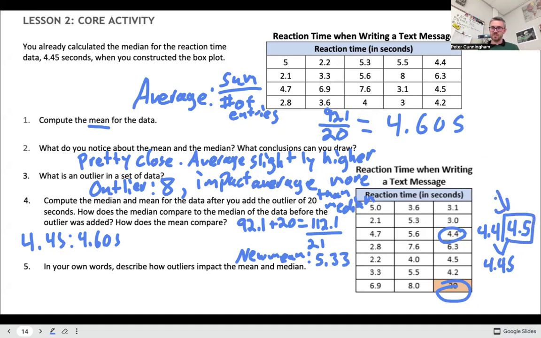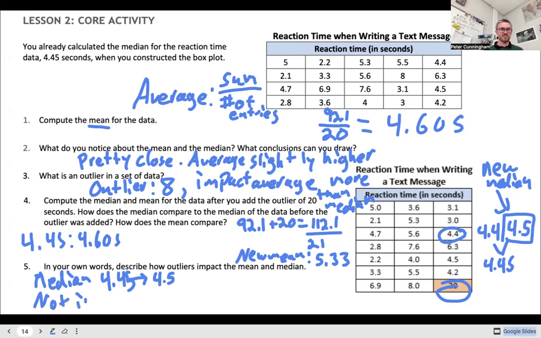So that's our new median. So the median went from 4.45 up to 4.5. So not impacted very much by the outlier.